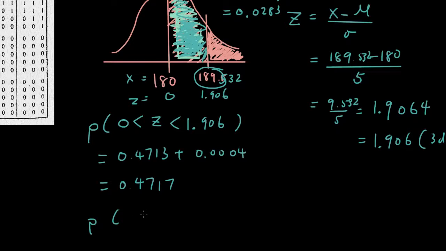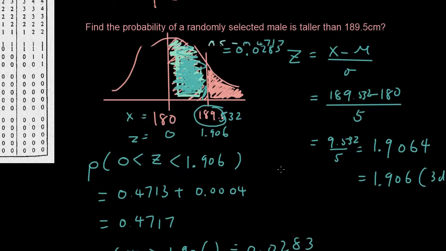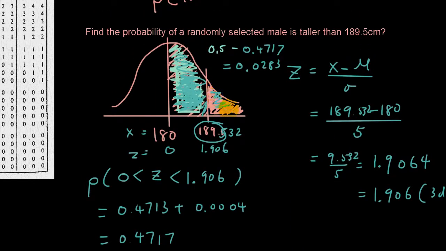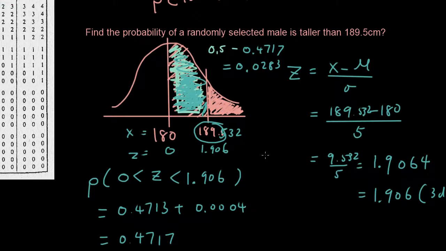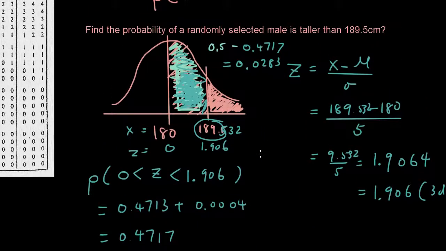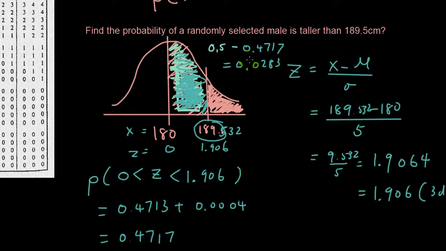Probability of the Z score being bigger than 1.906, and the answer is 0.0283, which is very small, which makes sense because this is a very small area to the right hand side. Okay, so that is how you find the probability of a randomly selected male being taller than a certain number.